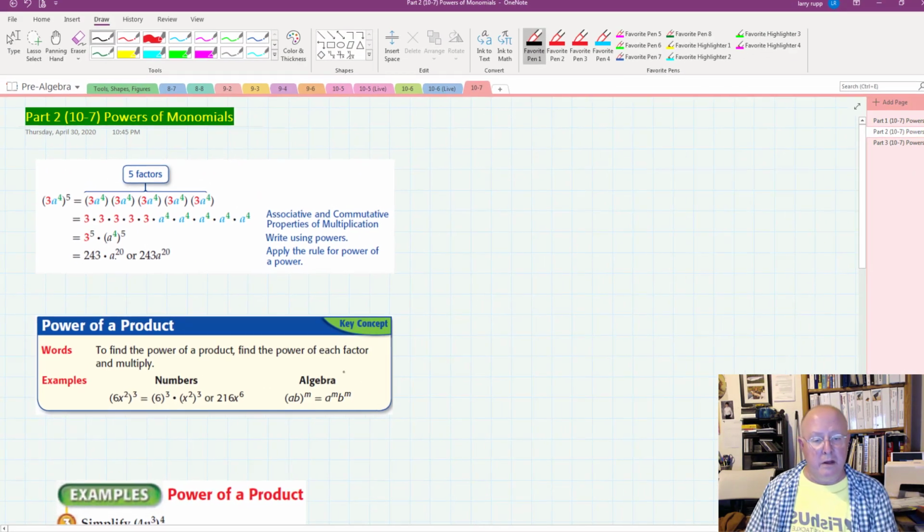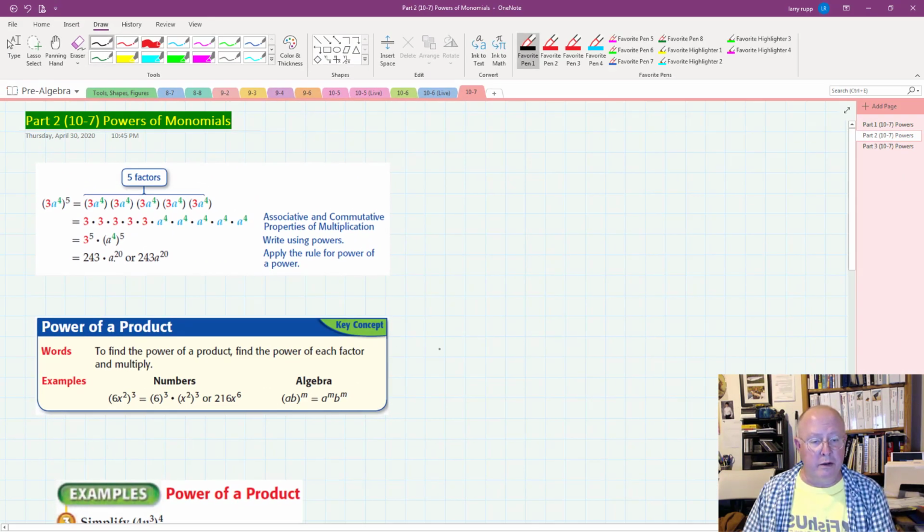Let's do our own example real quick. What if we had 4z to the 3rd power, and we want to square that? Something that's not very difficult. Again, we take our numerical part and do it by itself.